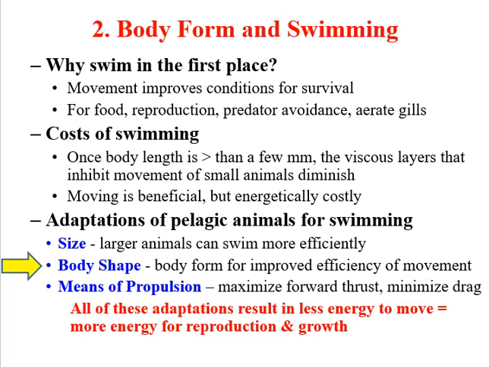First of all, if you're big, that's an advantage for swimming because it costs less energy to move a certain distance per unit length in relation to how big your body is. Bigger animals can move through the water more efficiently than smaller animals. So it takes relatively more energy for a small animal to move 100 meters than it does a big animal. Another thing is the body shape.